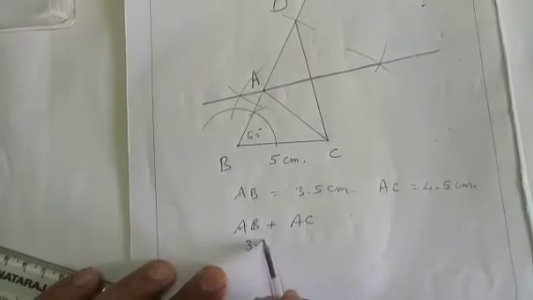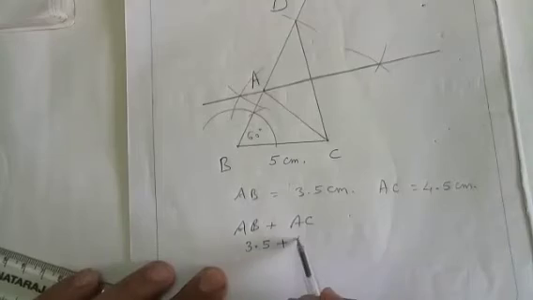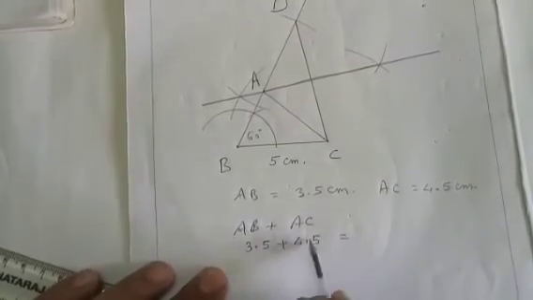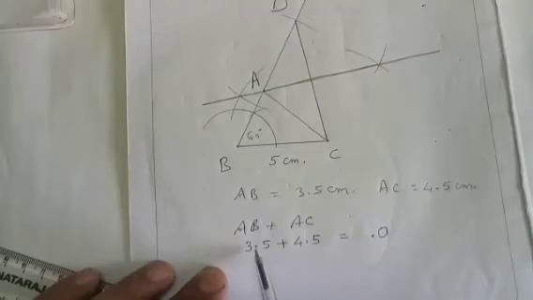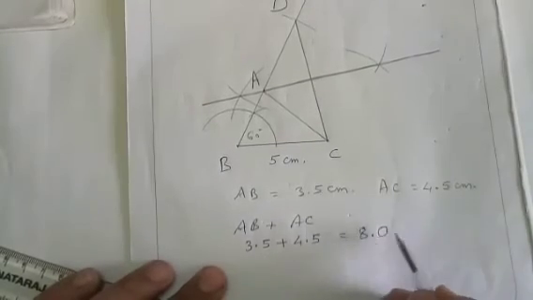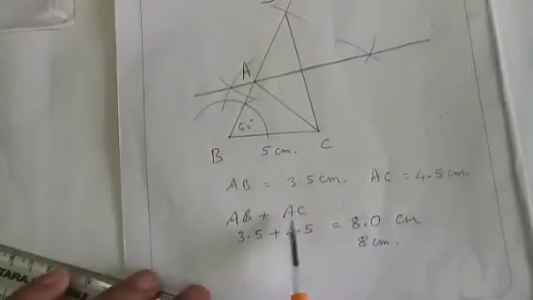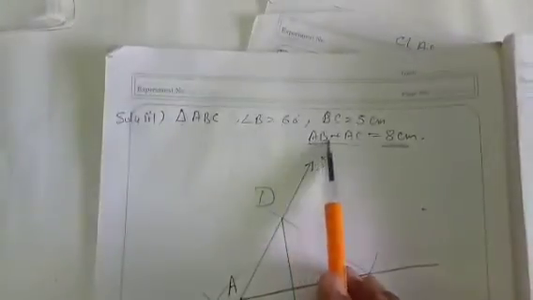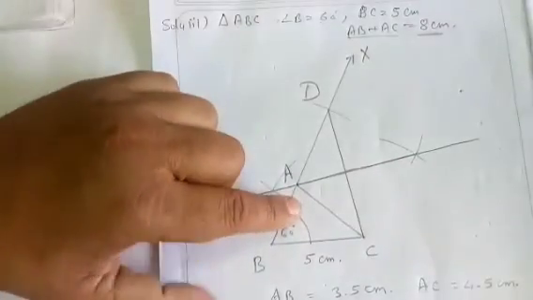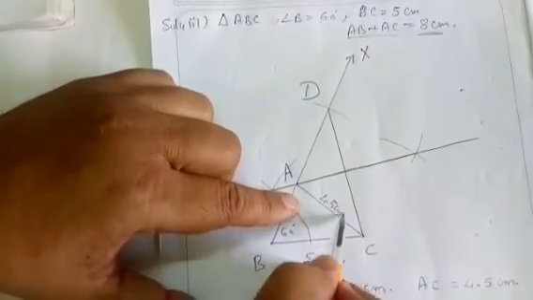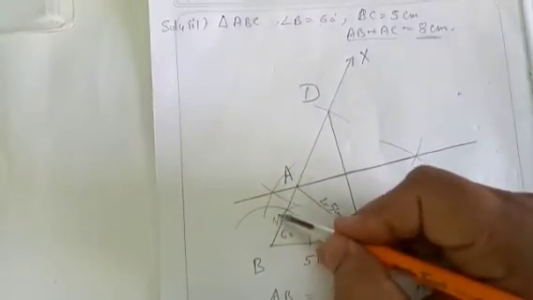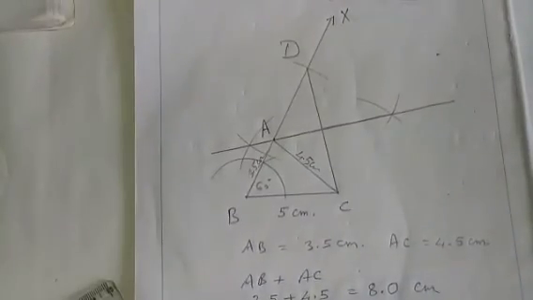AB is 3.5 plus AC is 4.5. You add: 5 plus 5 is 10, then decimal, 4 plus 3 is 7, 7 plus 1 is 8. 8.0 centimeter. That means it is 8 centimeter, AB plus AC is 8 centimeter. So AC is 4.5 centimeter and AB is 3.5 centimeter. Is it clear? The steps of construction will be given to you by PDF.